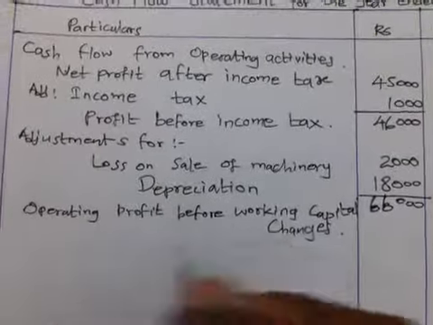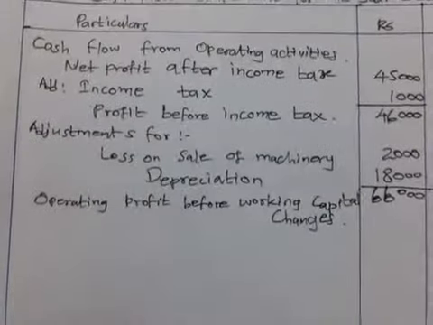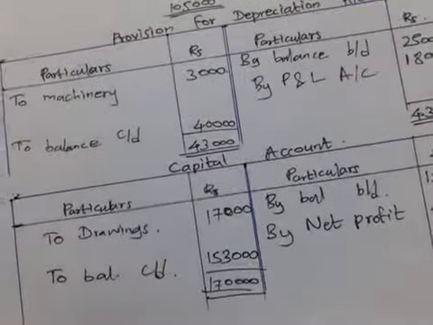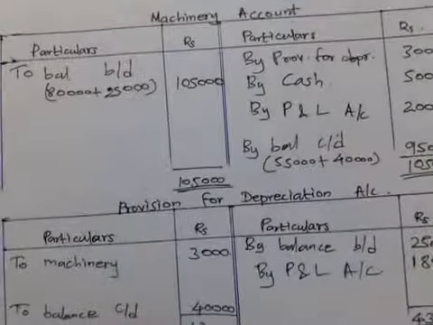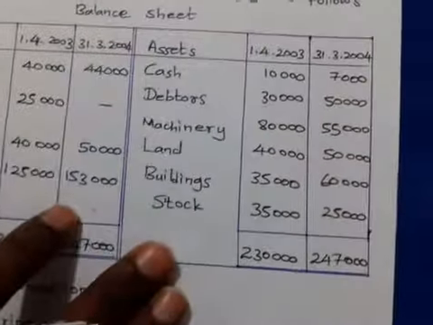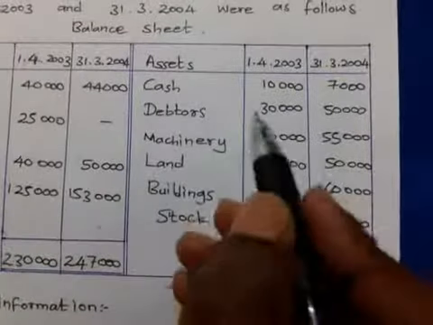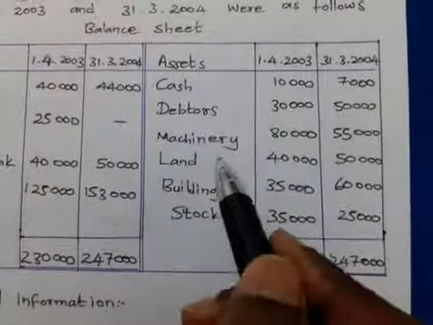After that we have to include the changes of the working capital. What are the changes? Check here. Except cash, we have to include all working capitals.